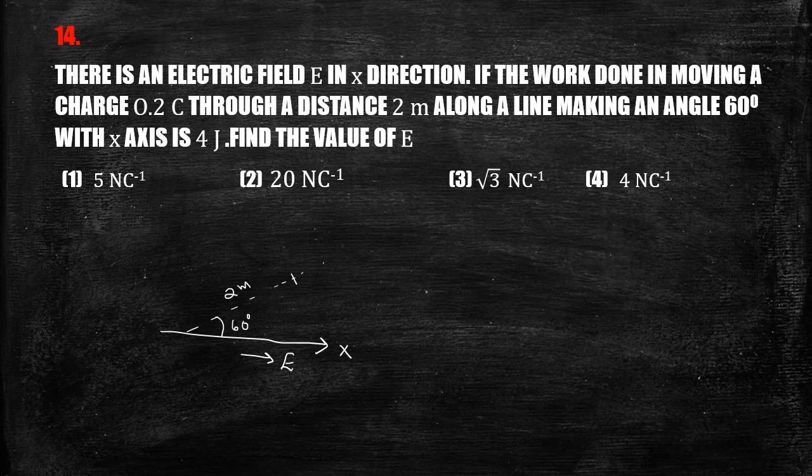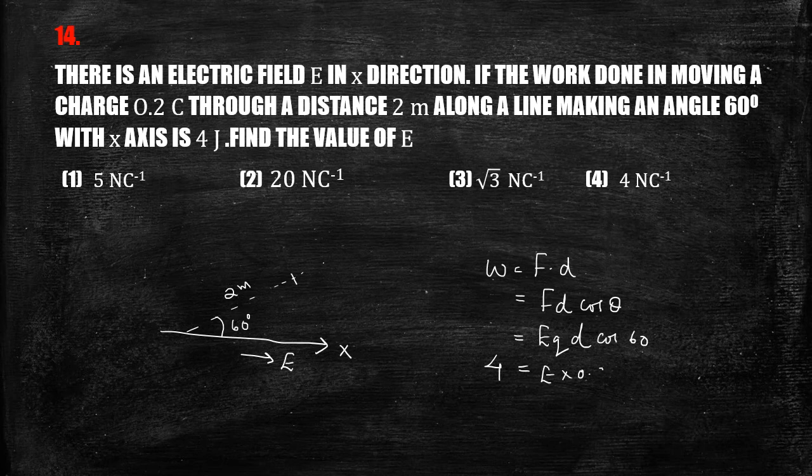Therefore, we know the work done W is equal to F dot d. This work done is equal to F dot d, that is F d cos theta. Here F is E into Q, into d cos 60 degree. It is given in the question the work done is 4 joule. Therefore, 4 is equal to E into Q, that is 0.2 Coulomb, into d, that is 2 meter, into cos 60, that is 1 by 2.